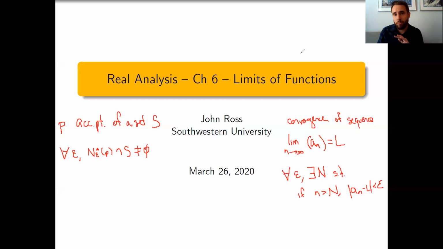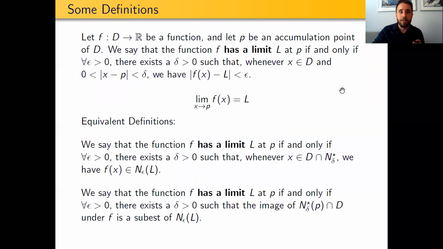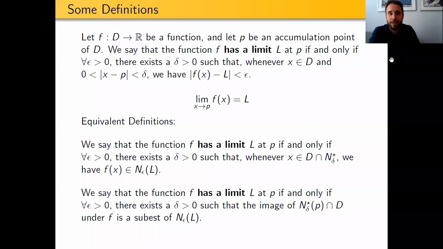So, with all that being said, let's take a look at three equivalent definitions. All of these definitions are trying to summarize the idea of what it means for our function to approach a limiting value of a height L as our input values get really close to the height P. So notationally, we will use this notation that you know and love from Calc 1.